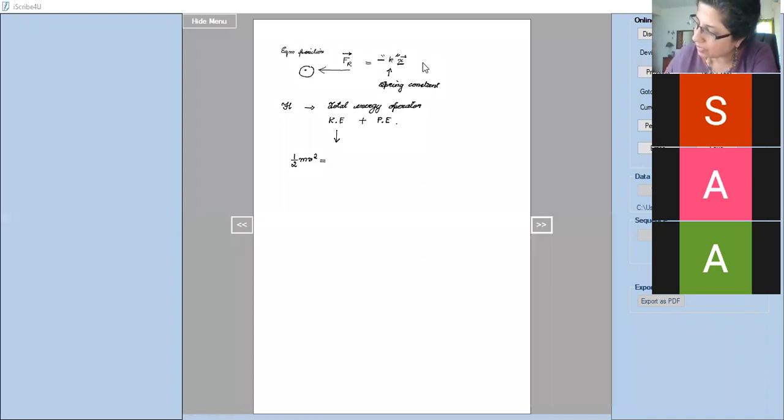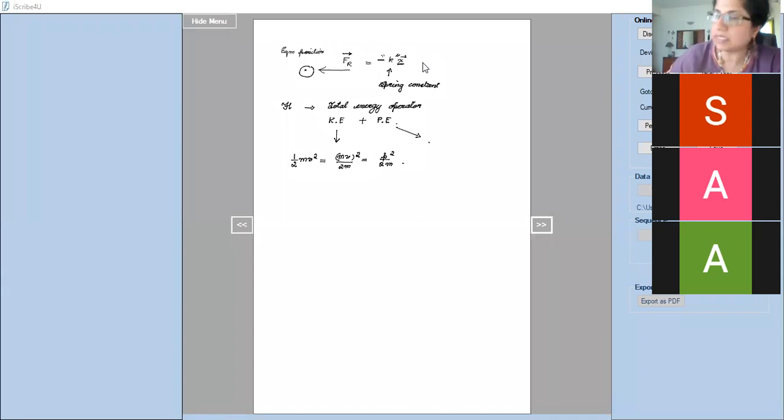We are going to write it as mv whole square by 2m, which is equal to, what is mv? Momentum, right? So I'll write it as p, so it's p square by 2m. So I'm going to write the kinetic energy as p square by 2m.